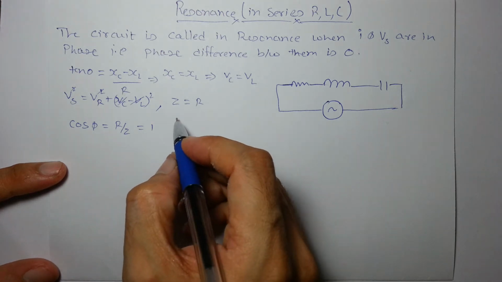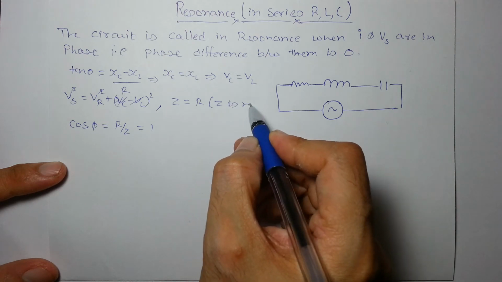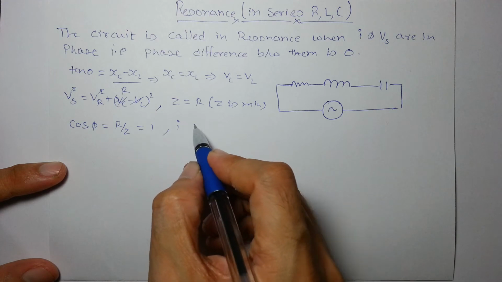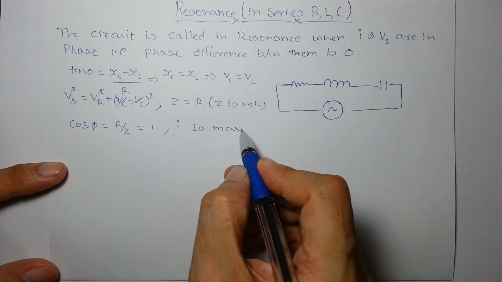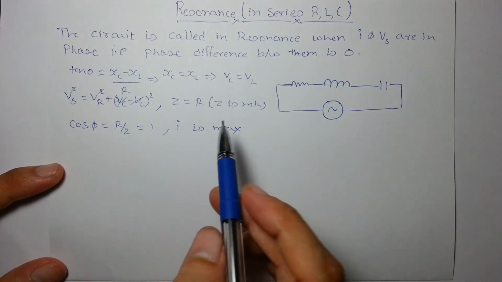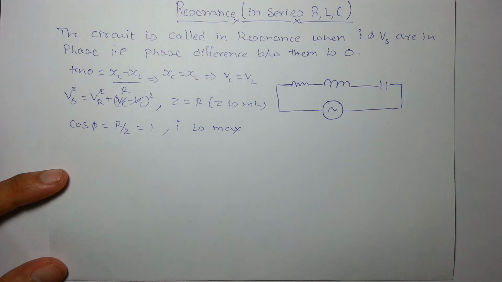Z is minimum and I is maximum. So these are the few inferences we can draw from the term resonance.